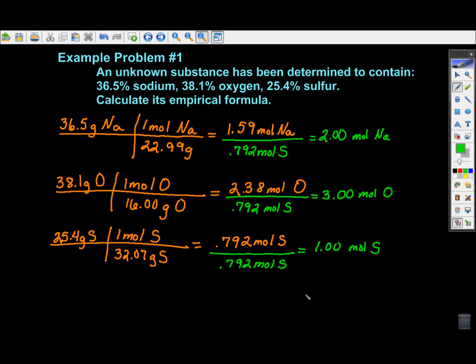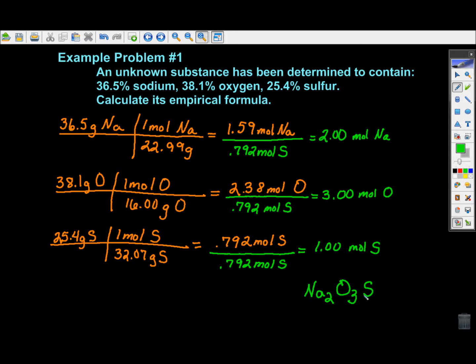So here I'm going to have Na2, see how I've calculated there's 2 moles, so that's how many moles I have in the compound, O3 S. Now, you might look at that and think, oh, that kind of looks familiar, an S and an O3.